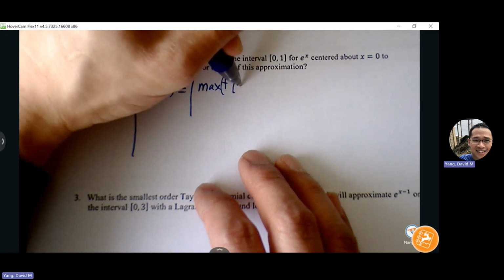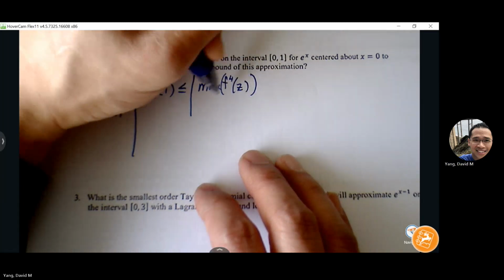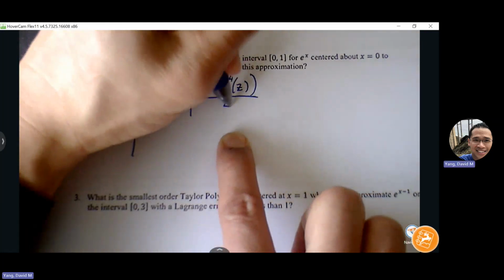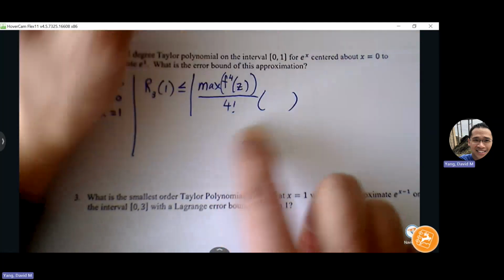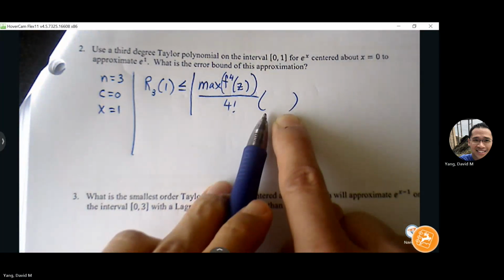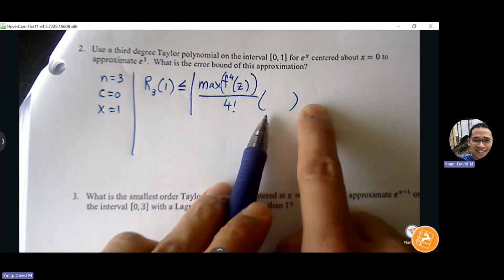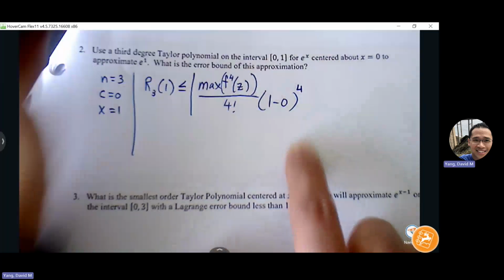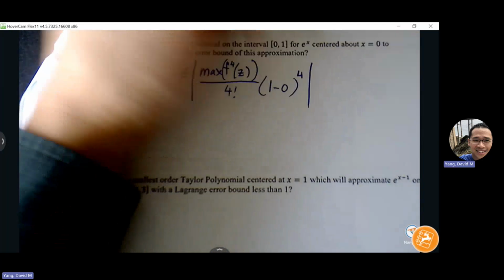Fourth derivative over factorial times, you get 1 minus 0. I can drop that. It's not going to make a difference, right? That 1 is just going away.